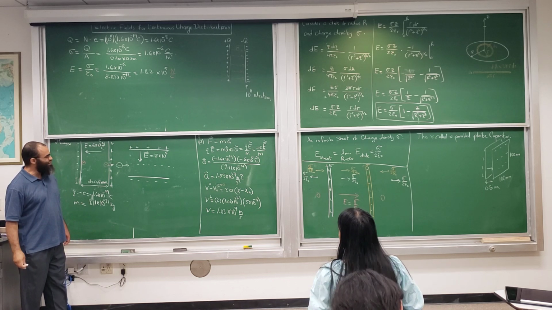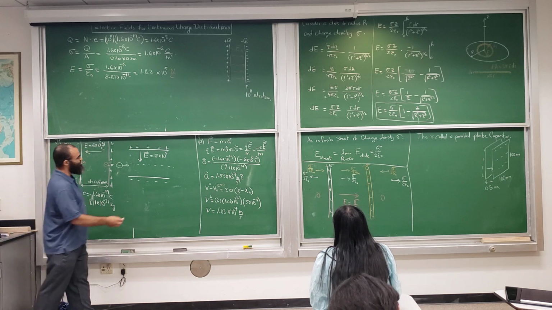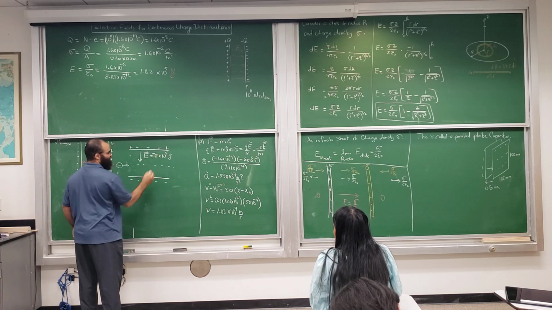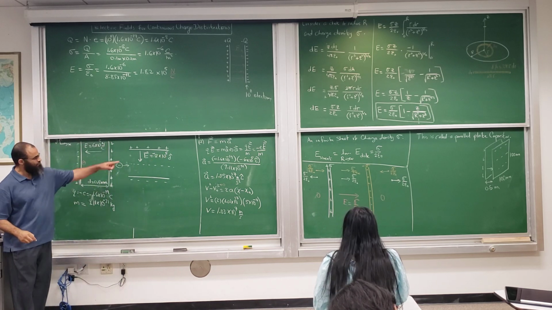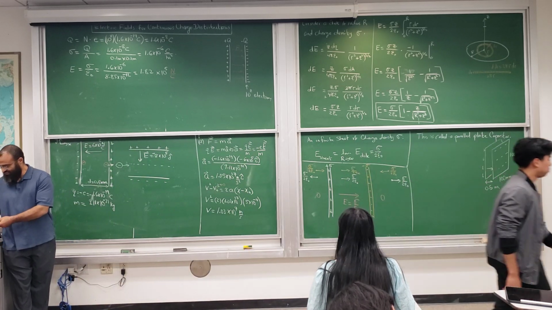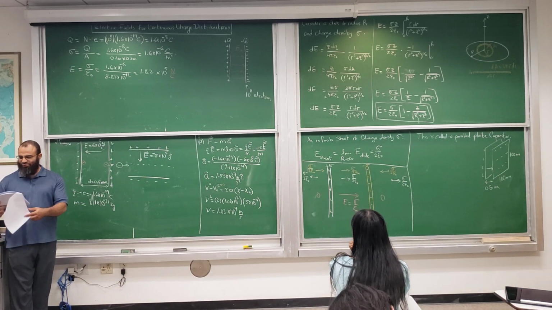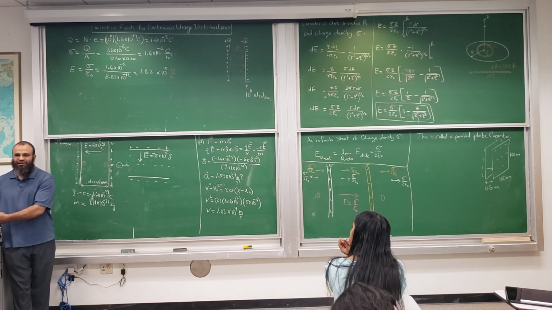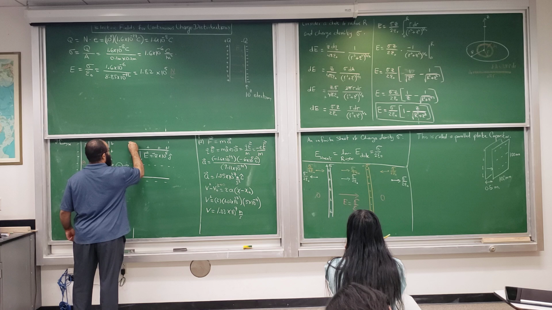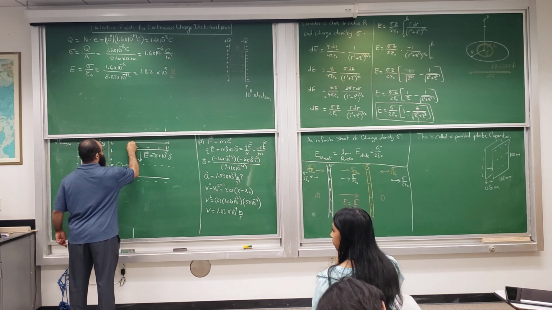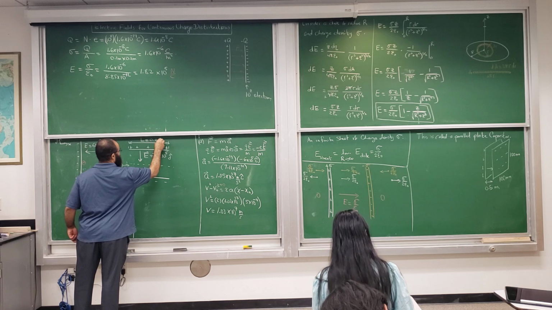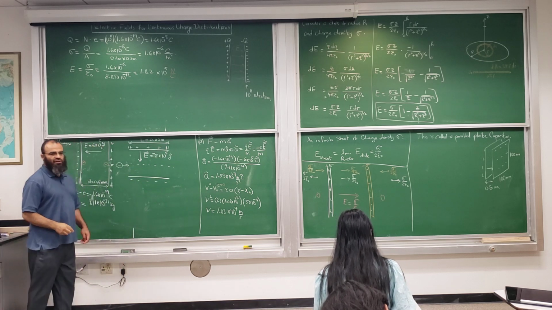It's in the minus j hat direction. That is the electric field. And the distance this way we're going to say is L, 2 centimeters or 0.02 meters.